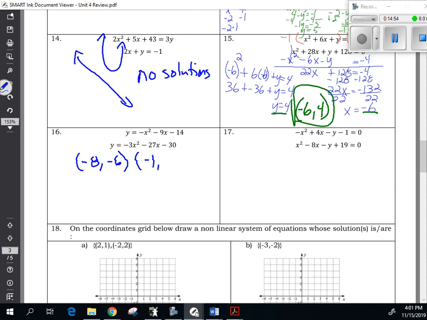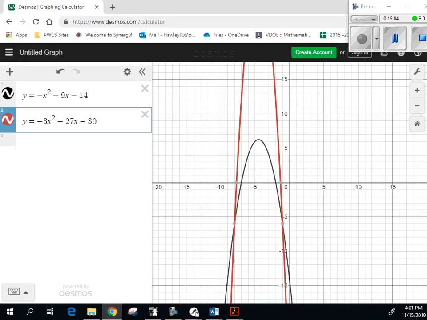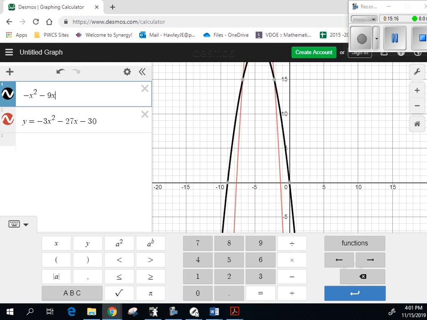Last but not least, actually, of something of a problem for you to go through. This one, so now we're looking at number 17. It's y is equal to negative x squared plus 4x minus 1, or negative x squared plus 4x minus y minus 1 is equal to 0.